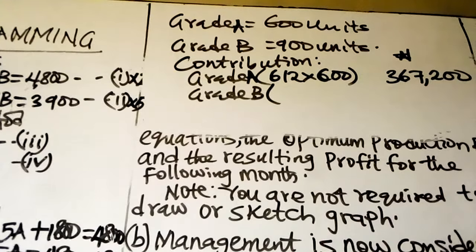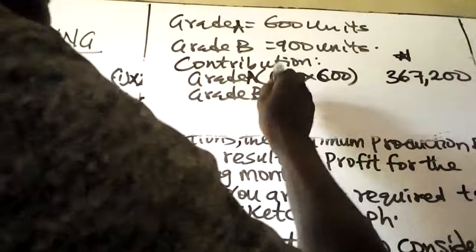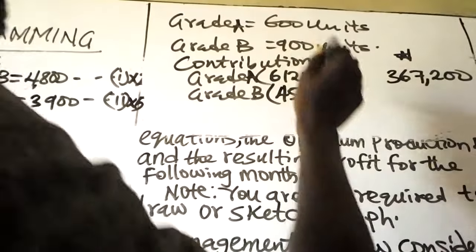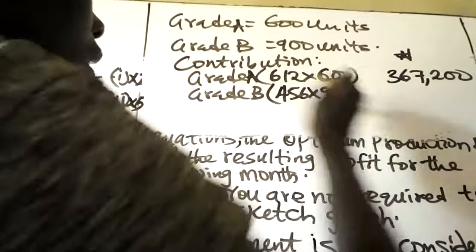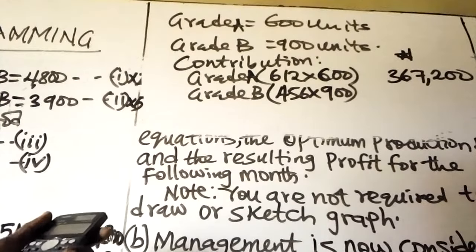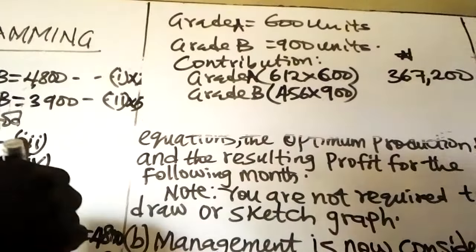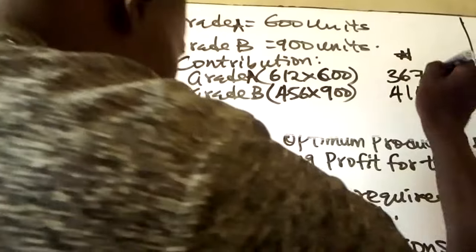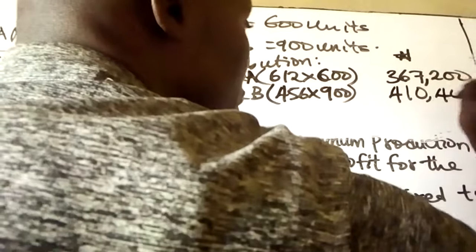From grade B, you have 456 in our objective function, times the units of grade B, which is 900. 456 times 900 gives us 410,400.